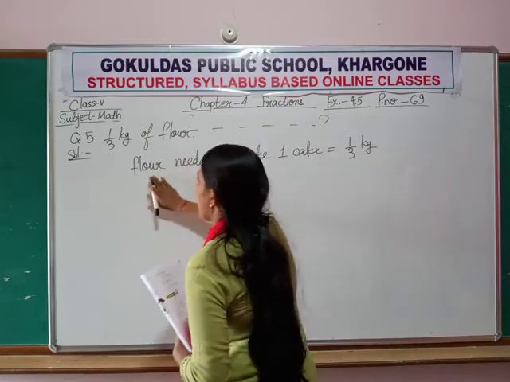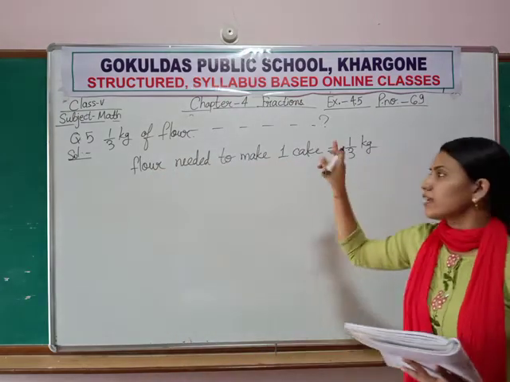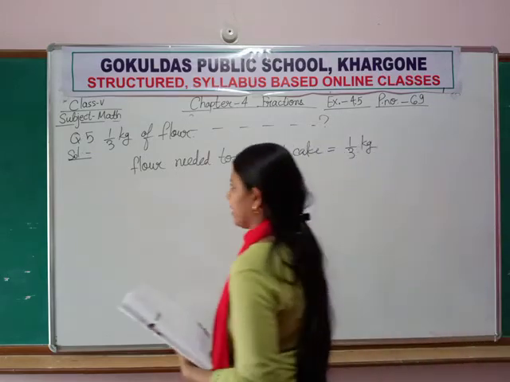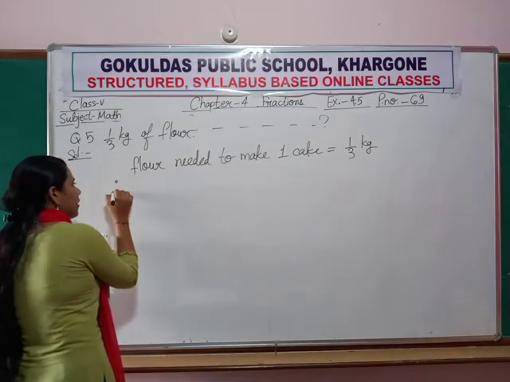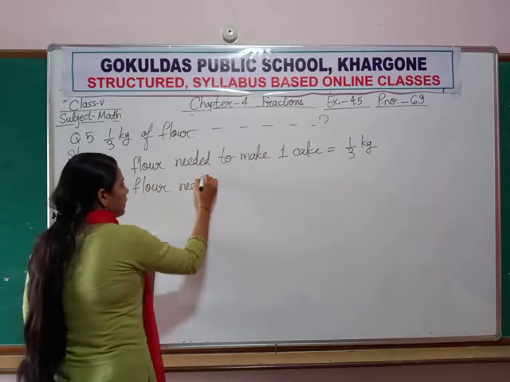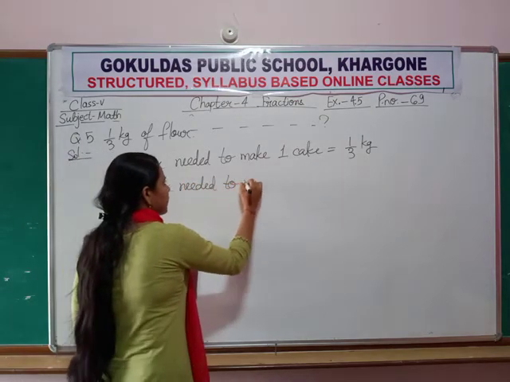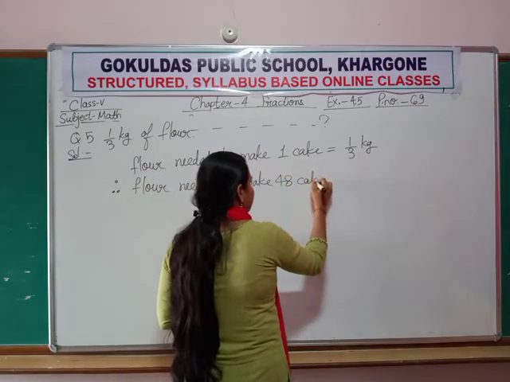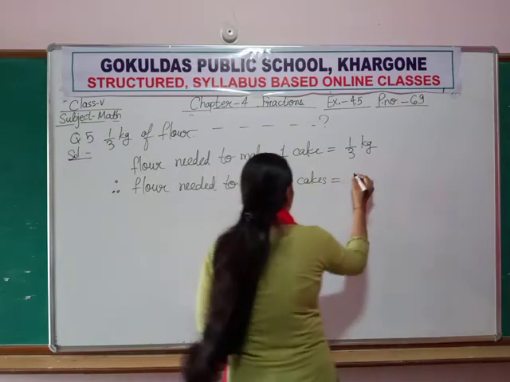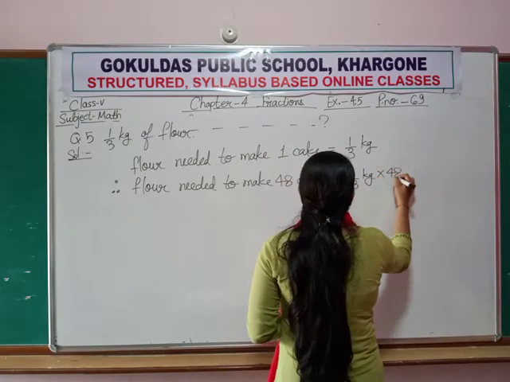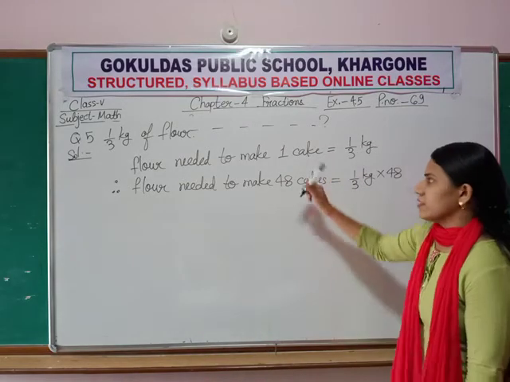Flour needed to make 1 cake is equal to 1/3 kg. Therefore, flour needed to make 48 cakes will be equal to 1/3 kg multiplied with 48.